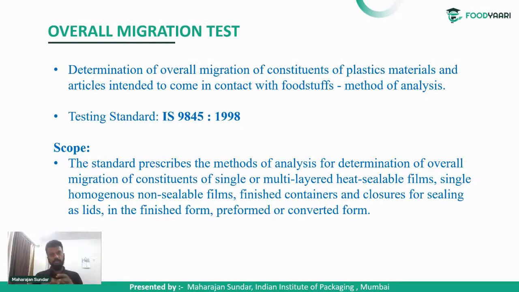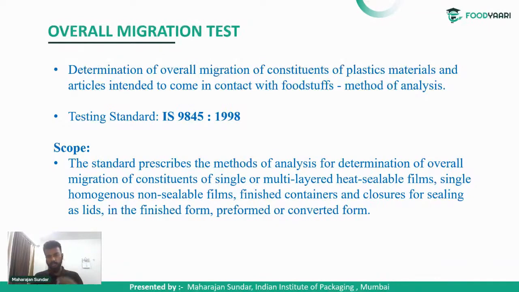There are certain standards and techniques which limit the rate of migration of the additives from the packaging material to the food. It is known as determination of overall migration of constituents of plastic materials, which are additives, and the articles intended to come in contact with foodstuffs.